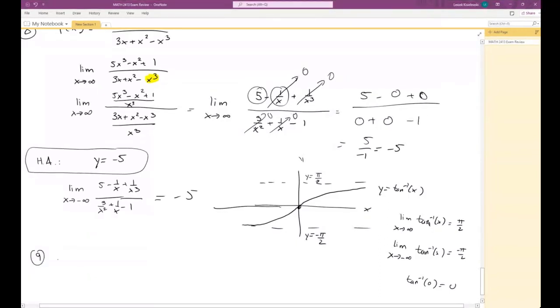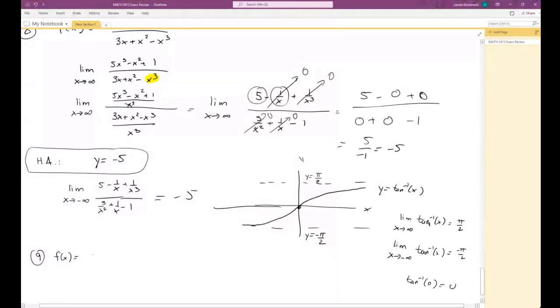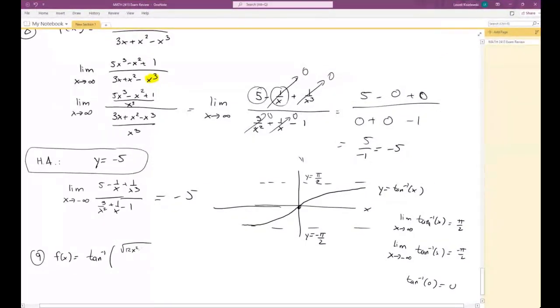All right, so find horizontal asymptotes, if any, of arctangent of, let's say, 12x squared plus 1, because who cares what that is, and then x minus 2.